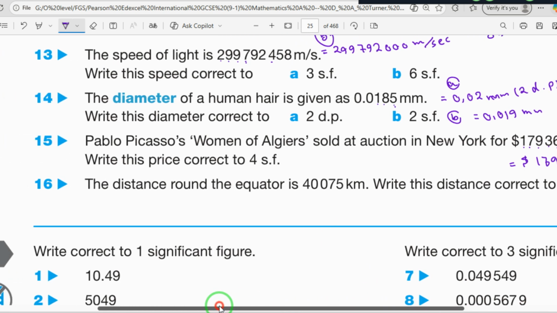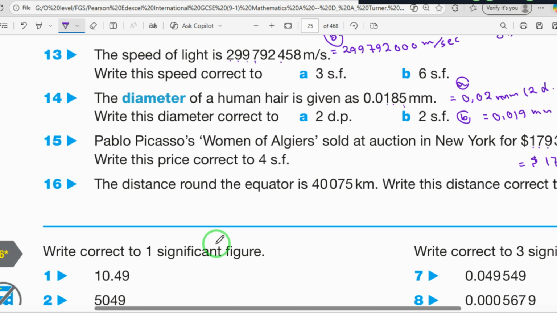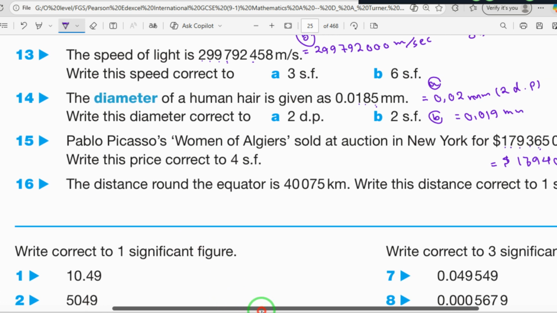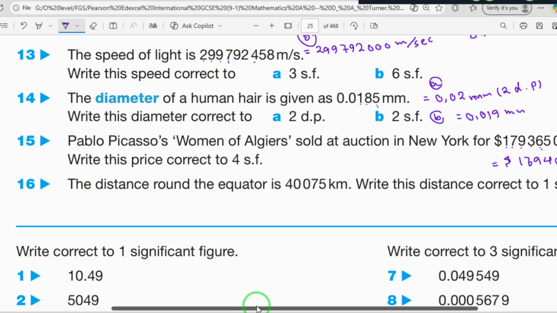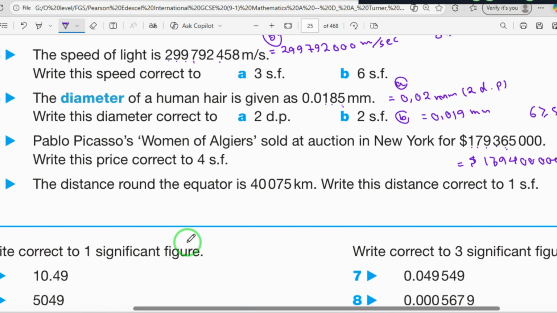And the last one is question number 16. Question number 16 said that the distance around the equator is 40,075 kilometers. Write this distance correct to one significant figure. You know that if this is a sphere, for example Earth, this line around the Earth is called the equator.